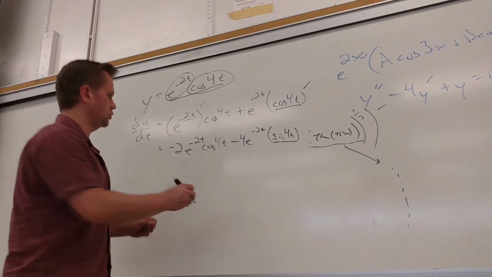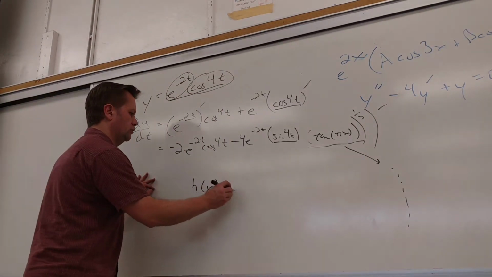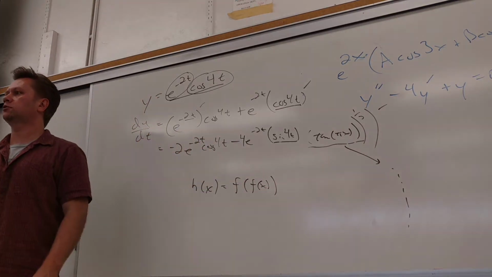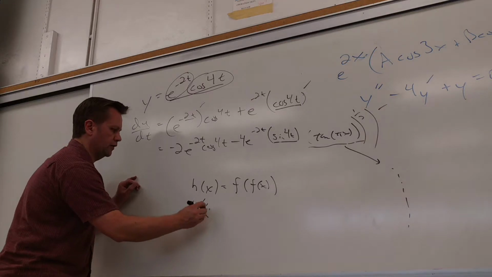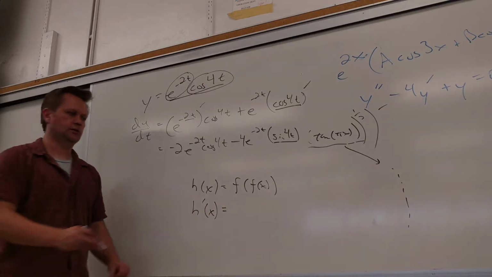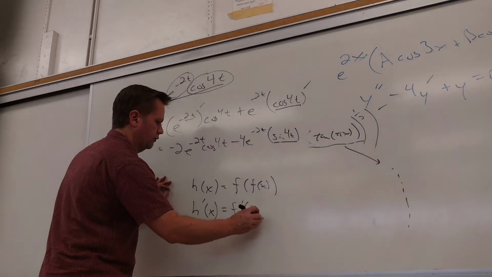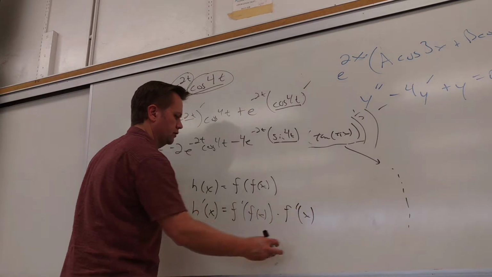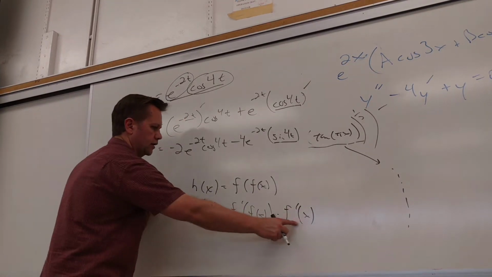But if I told you that h of x equals f of f of x, and everything in there is differentiable, what's h prime of x equal to? F prime of f of x times f prime of x. I like it. So the outside function, and then the inside gets a turn.